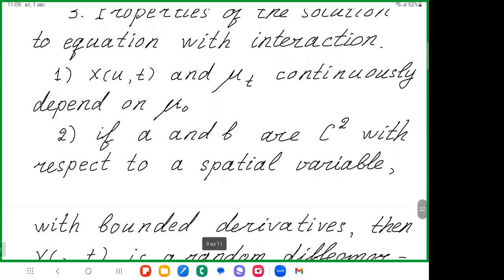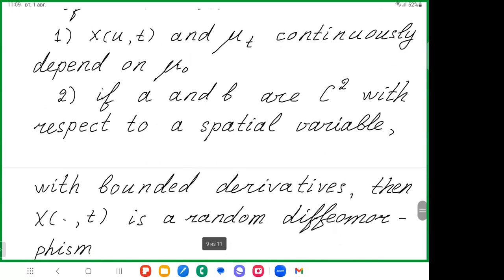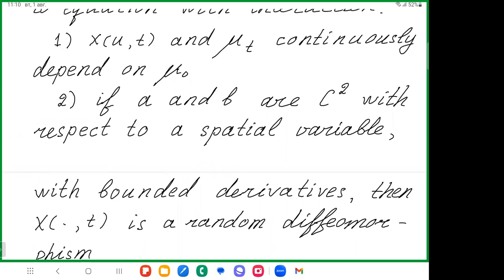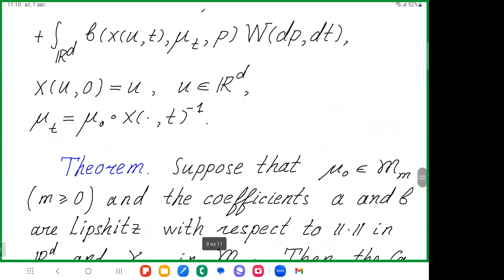The next property is also technical but very useful. Suppose that our coefficients a and b are C2 with respect to the spatial variable with bounded derivatives. Then X is a random diffeomorphism. Now let's go back to the formulation of the equation with interaction.